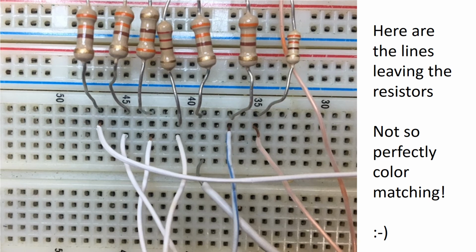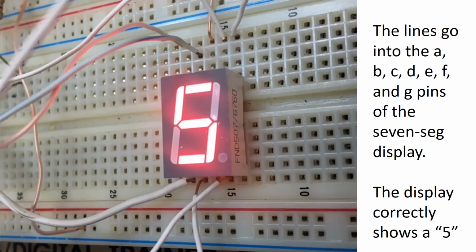The wires are leaving the resistors, and they're coming to the 7-segment display at the appropriate inputs for the A, B, C, D, E, F, and G pins. We're not going to be using the decimal point in this lab, so you can see that the display correctly shows the number 5, which in binary was 0101, with the correct light bulbs lit up for the number 5.